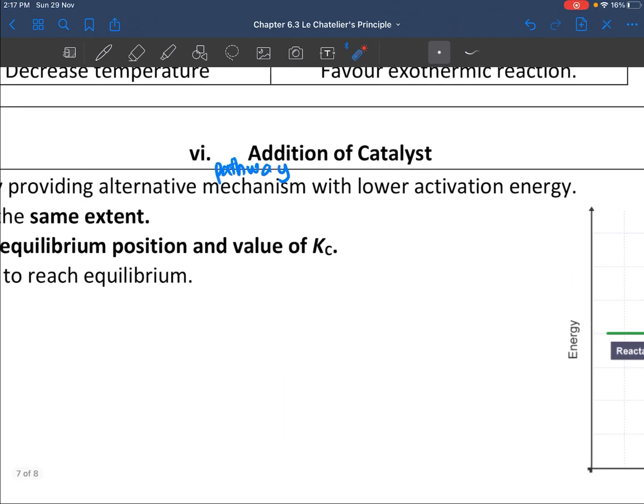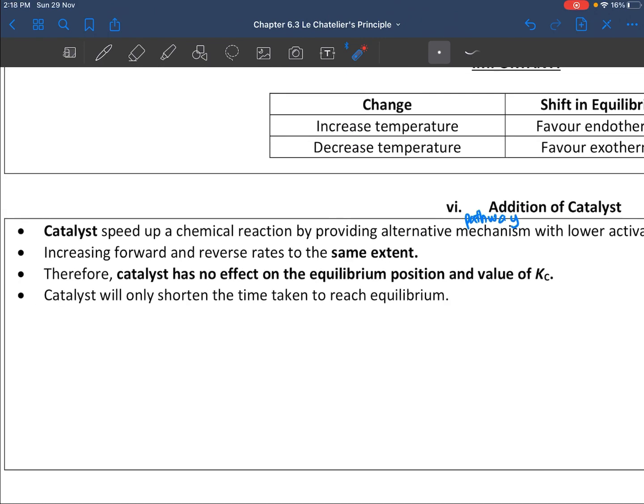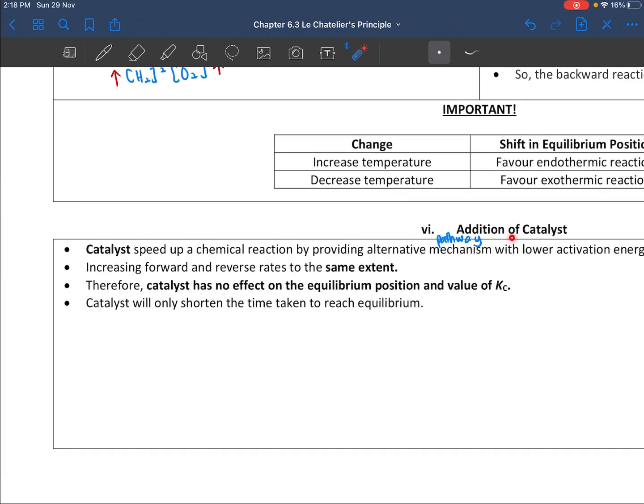Okay, and then next kita baru tengok dia kata increasing addition of catalyst akan menyebabkan rate of forward dan rate of reverse increase, tapi increasing dia tu sama. Rate of increasing dia tu increase at the same extent. That mean dia rate forward dan rate reverse tu peningkatan dia sama. Dia tak ada forward lebih meningkat daripada reverse, tak. Okay, dia peningkatan dia sama.